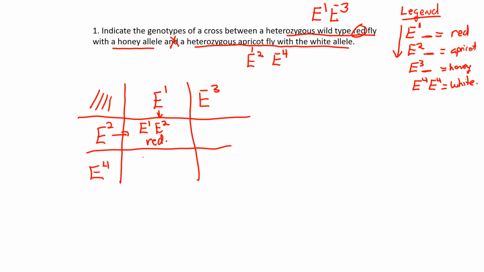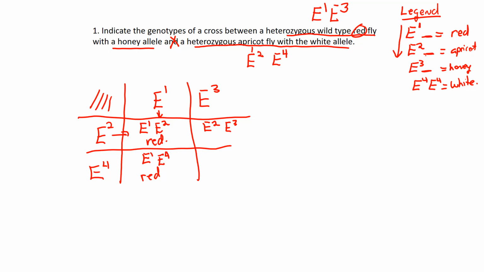Okay, and then we continue on with that. So E1, again, show the dominant first, E4. Again, if you have E1, it doesn't matter what the other allele is, still going to be red. And for this one, E2 comes before E3 in dominancy, so we are going to show the E2 first. Take a look at our legend. Anything with an E2, doesn't matter what the other allele is.